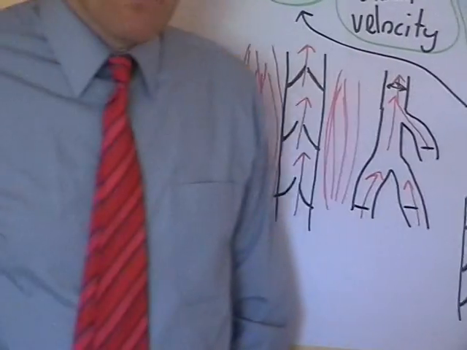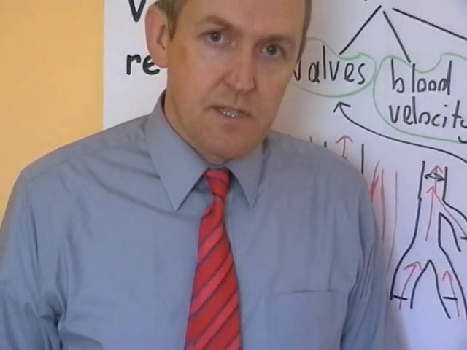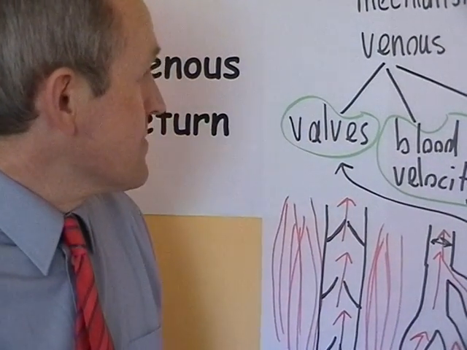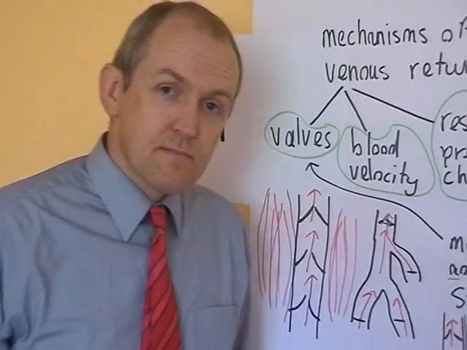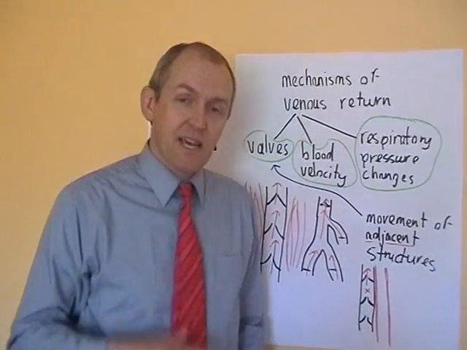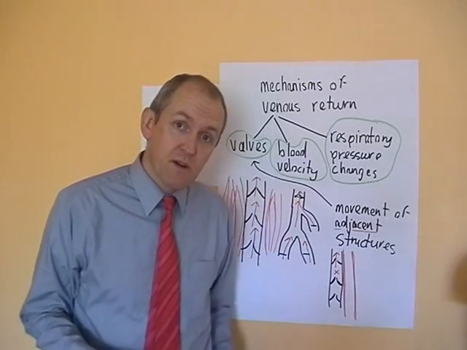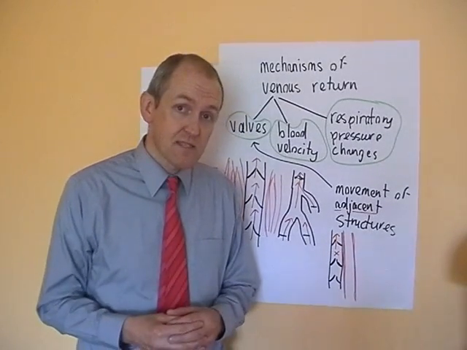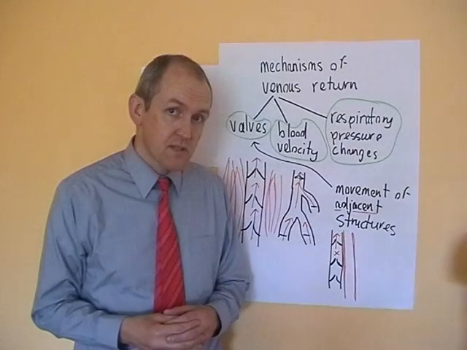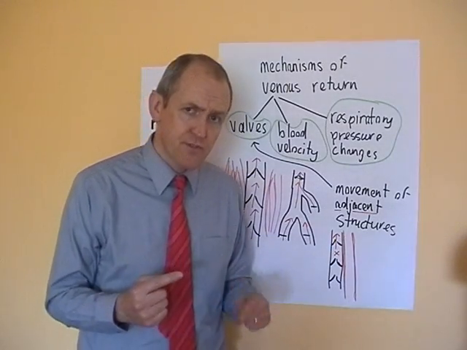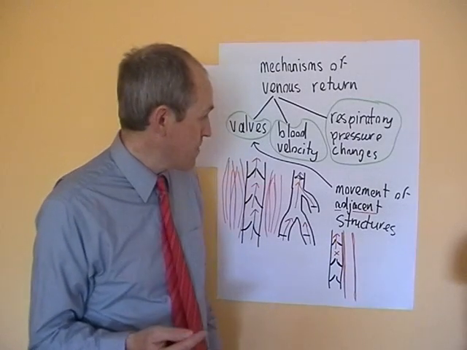Let's think about some clinical application of this. Well, one thing we want to do is to keep the circulation going. If people sit for too long in one place, the blood can actually start clotting in the veins. You can get a deep venous thrombosis. So it's important to keep the circulation going. This is especially true in patients on bed rest, for example.